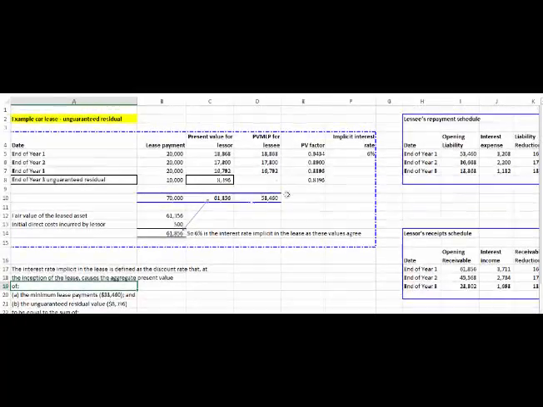So what we find is, we still get 6%. It's still in the lessor's column, it's discounted, and we've still got 6%. That rate doesn't change, even though it's an unguaranteed residual, so 61,856.